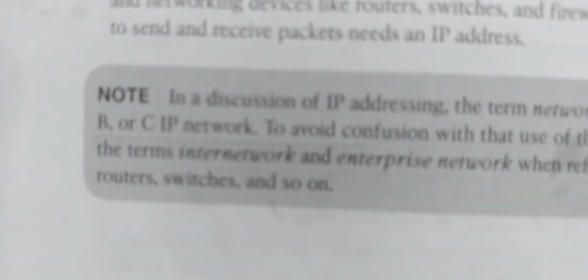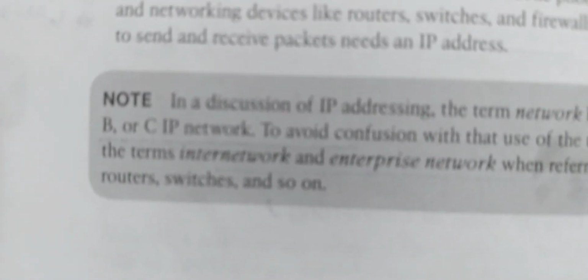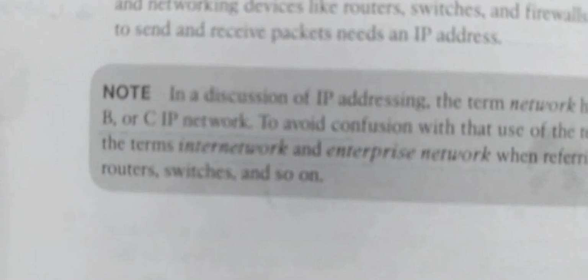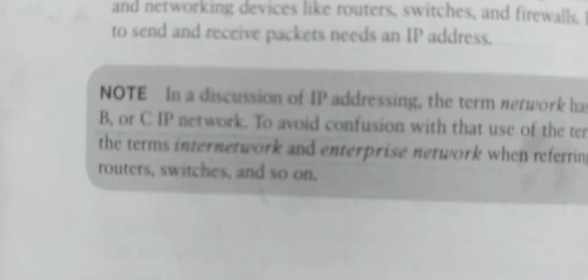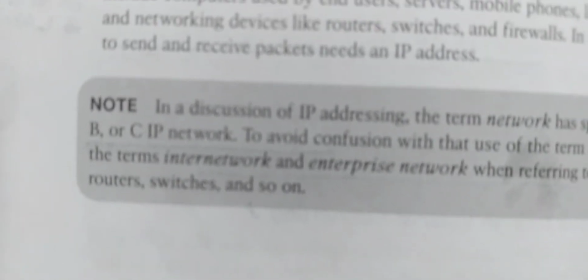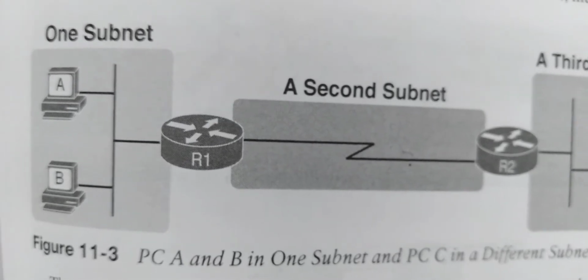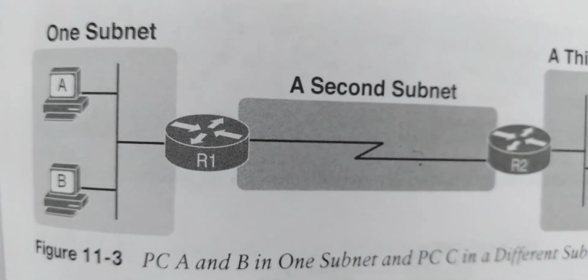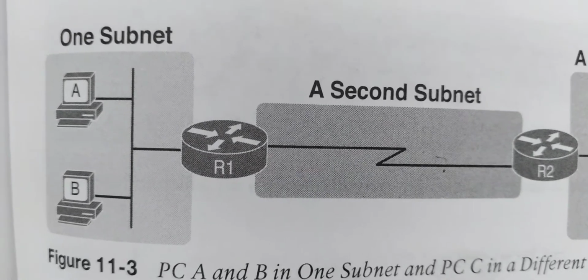in a discussion of IP addressing, the term network has specific meaning: a class A, B, or C IP network. The IP addresses must be assigned according to some basic rules and for good reasons.